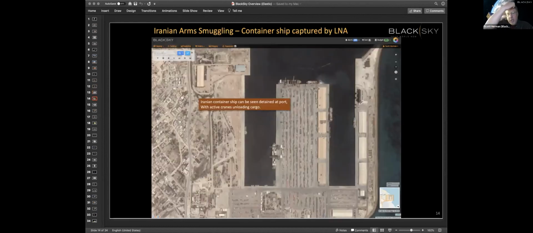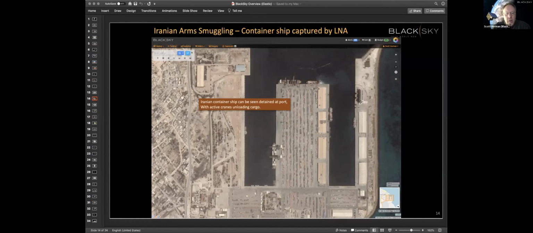In this particular story, one of the things we're tracking is the movement of ships and commerce around the world. And one of the things we've been watching is arms smuggling going into Libya. There's a big civil war there, so we're tracking where military supplies are going. And in this case, one of the combatants there captured a ship that was shipping weapons from Iran to the other side.